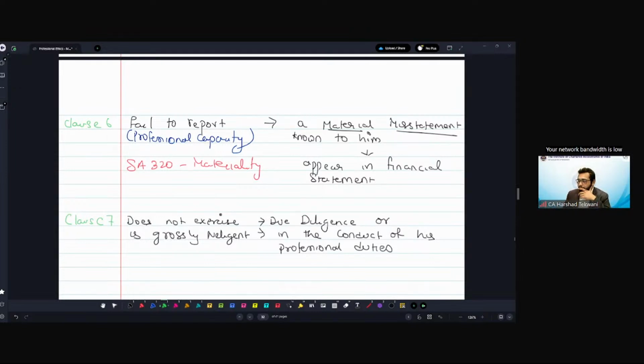So basically, if we apply 5, we have to apply 6. There are very few cases where I could say non-disclosure is not a material misstatement.